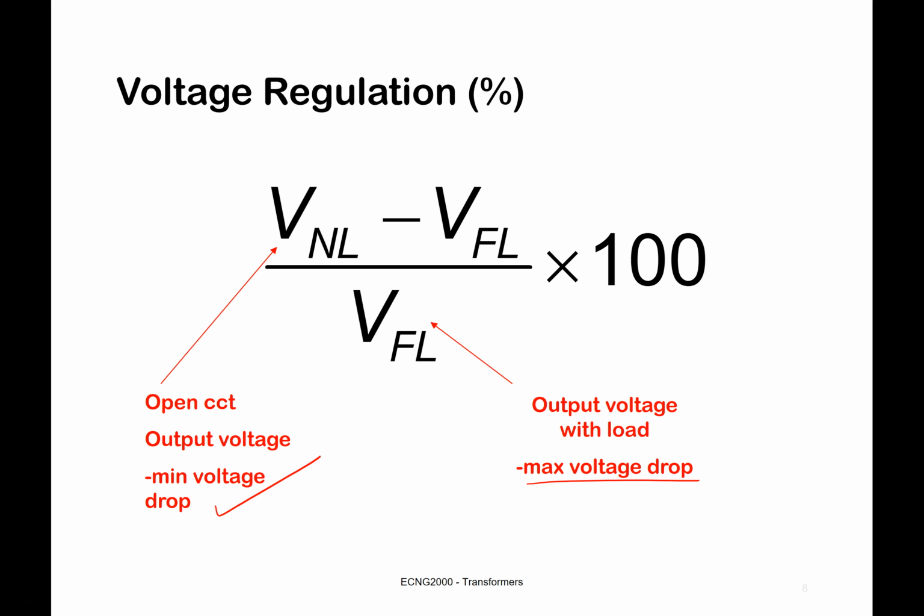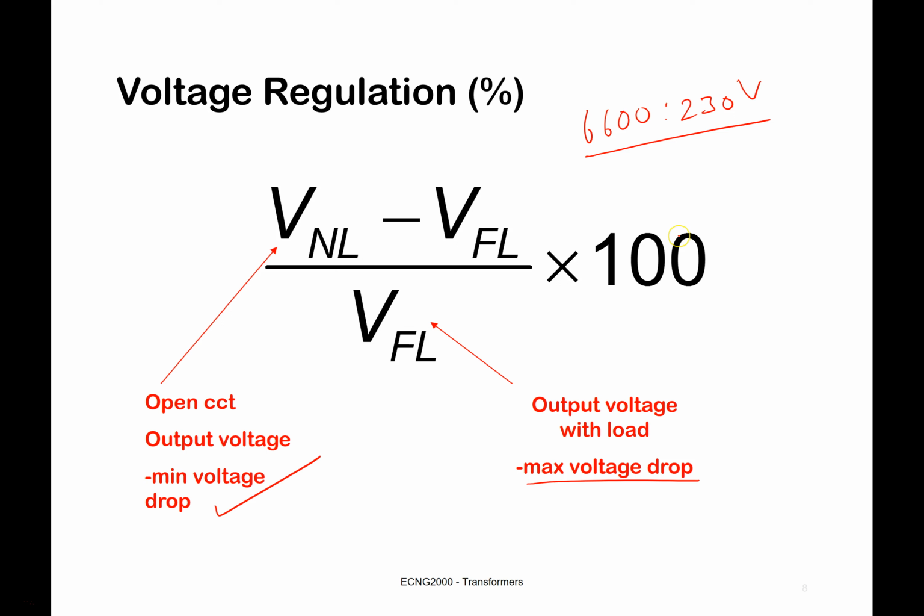So what you want for good regulation is essentially you want V full load to be close to V no load, and that would give you a very small percentage regulation. So the smaller the better. What it means is if V full load is close to V no load, it means that if the transformer is, say, we have a 6600 to 230 volt transformer, the no load voltage, if I apply 6600 volts on the primary, I should expect to get 230 volts on the secondary.